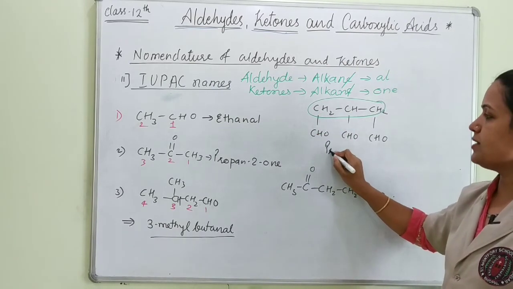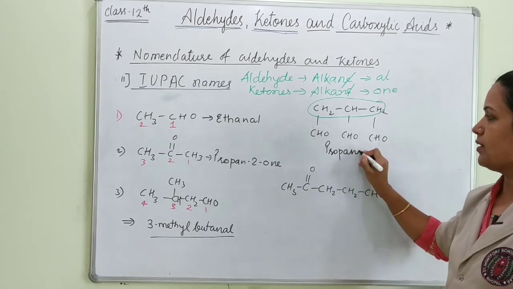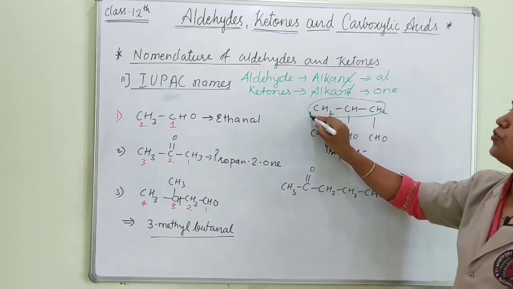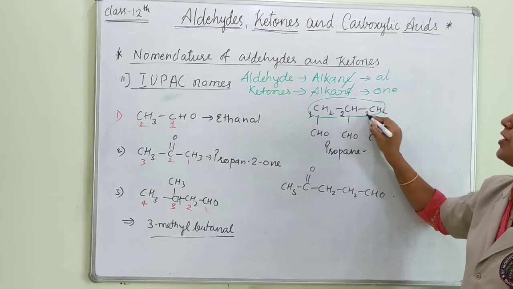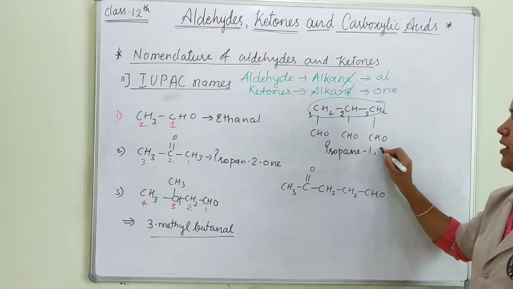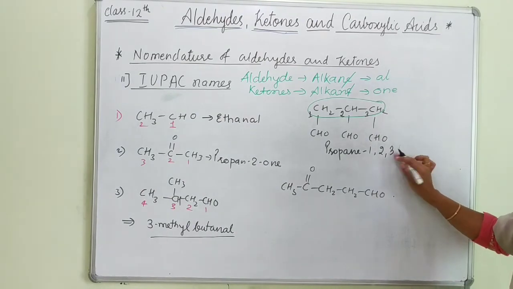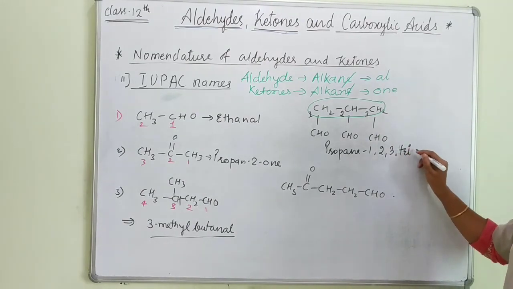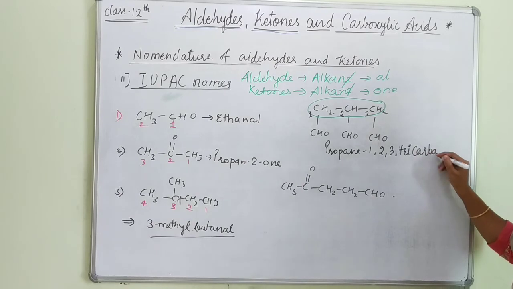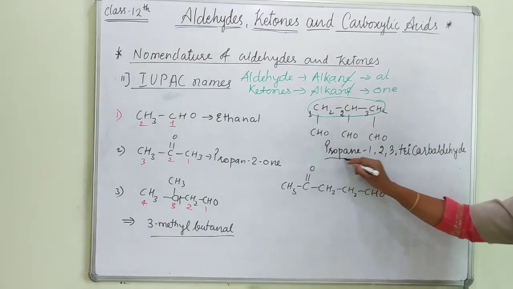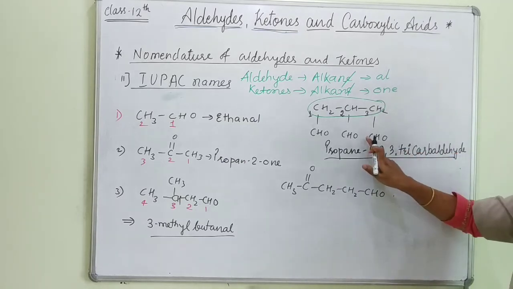So I will be writing it as propane, because 3 carbon atoms are there, and at the first position, second position and third position. So I will be writing 1, 2 and 3, then comma, tricarbaldehyde.